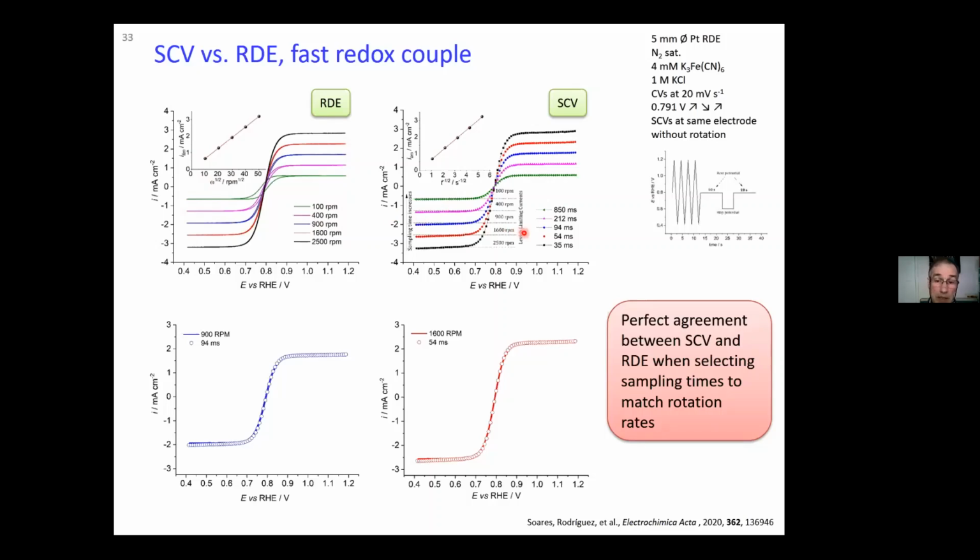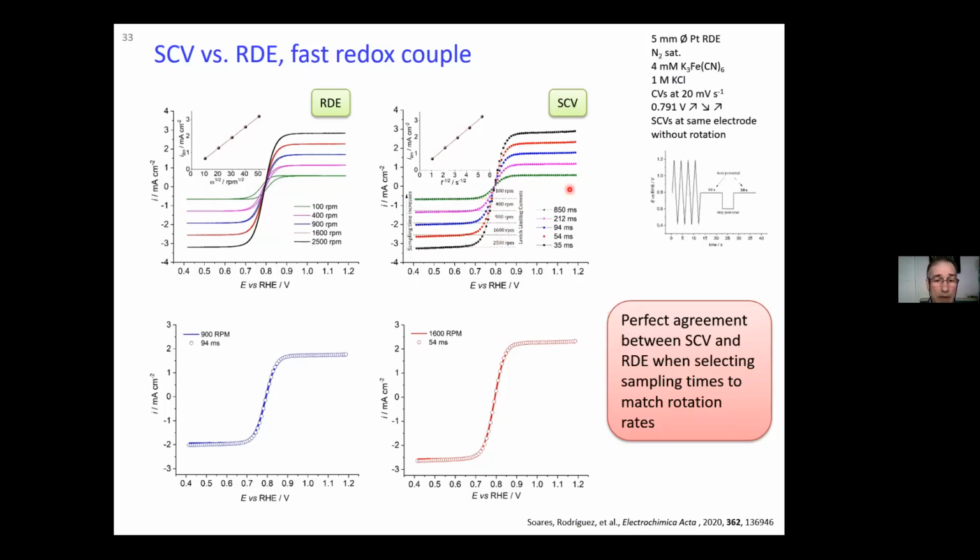Having selected sampling times to achieve the same mass transfer coefficient as those rotation rates, Sibel performed these sampled current voltammograms, and the dotted line indicates the limiting current that you would obtain on the basis of the rotating disc electrode, whereas the symbols show the sampled current voltammograms obtained.